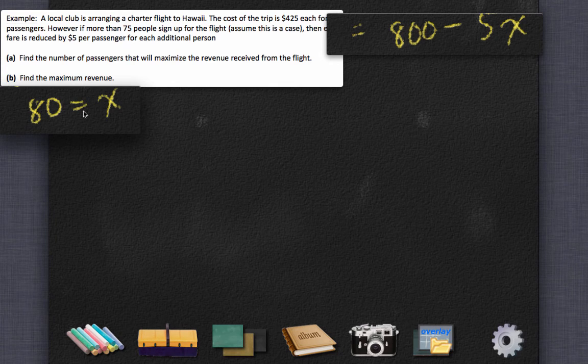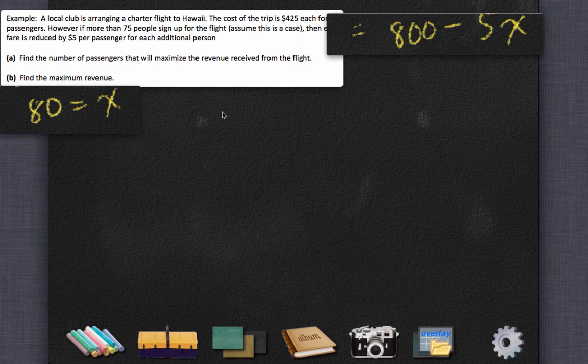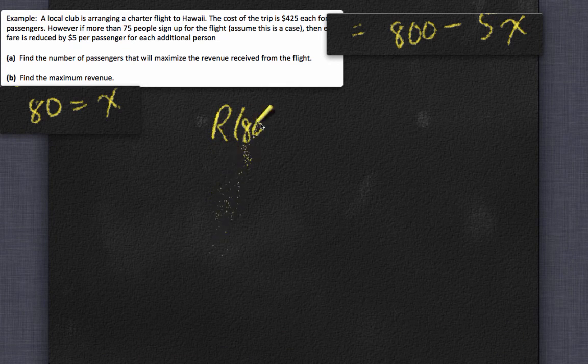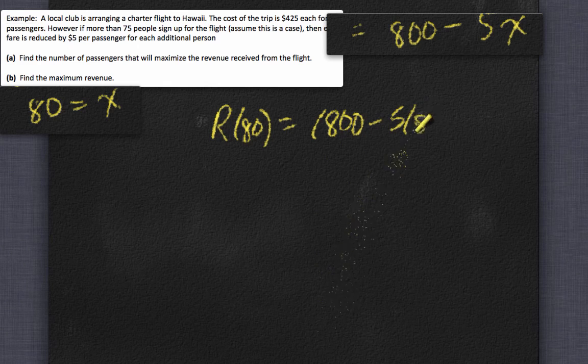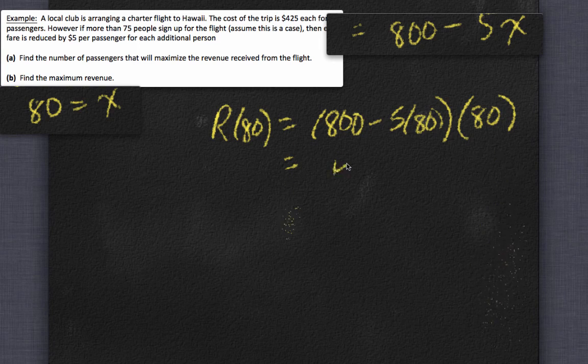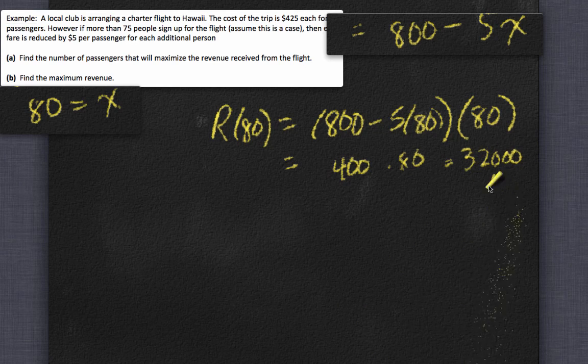So the revenue for 80 is 800 minus 5 times 80 times 80. So 32,000 they'll receive from 80.